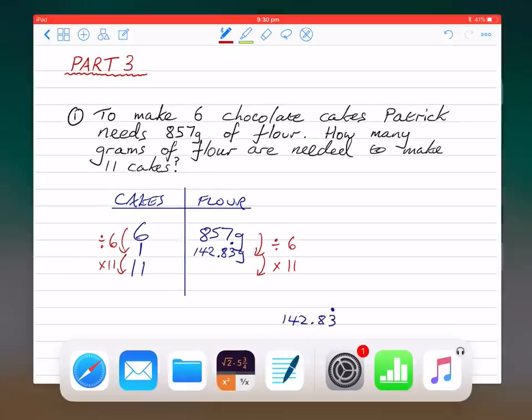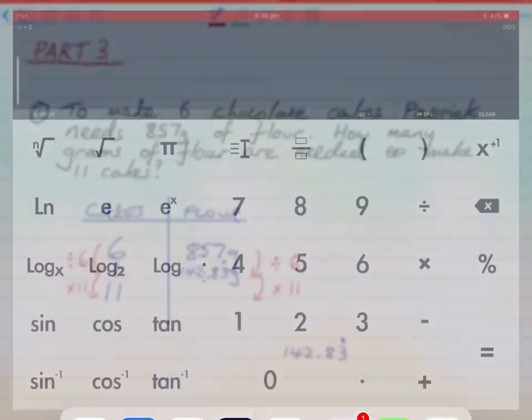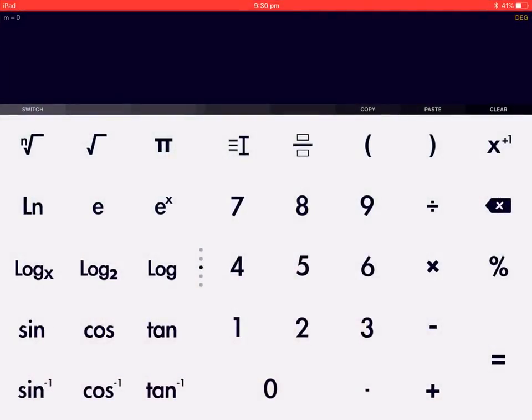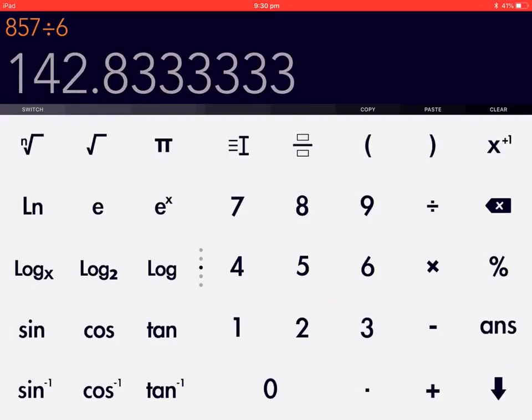Now, I'm going to bring up a calculator so you can see what I'm talking about here. So we had 857 grams as the first thing, and then we divided that by 6. And this was the long number we got, 142.833333.